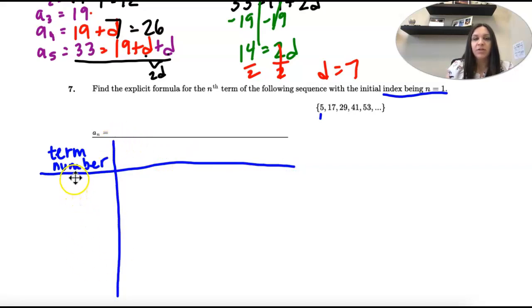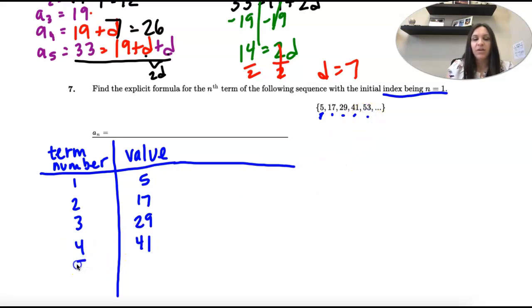So the first term, the value of the first term is 5. The value of the second term is 17. The value of the third term is 29. The value of the fourth term is 41.